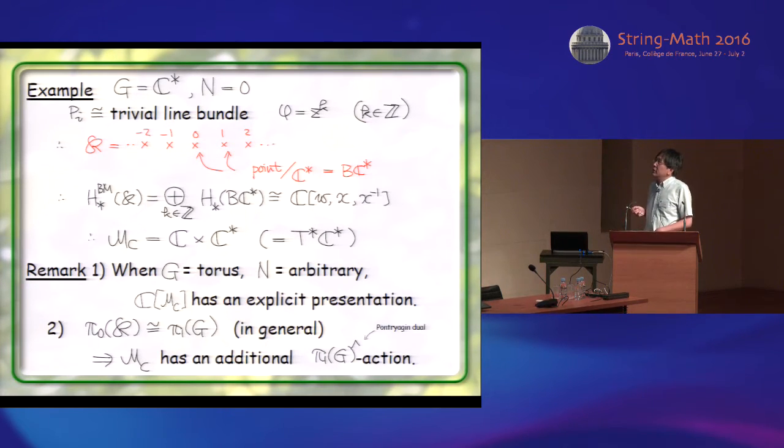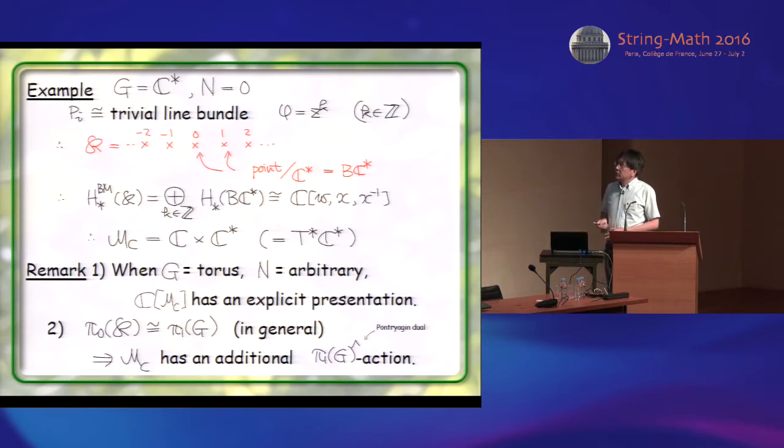Then this is some ring, and I just compute its spectrum. It's just C times C star, or the cotangent bundle of C star. So this Coulomb branch is something close to this example, but in general it is somehow modified from this.